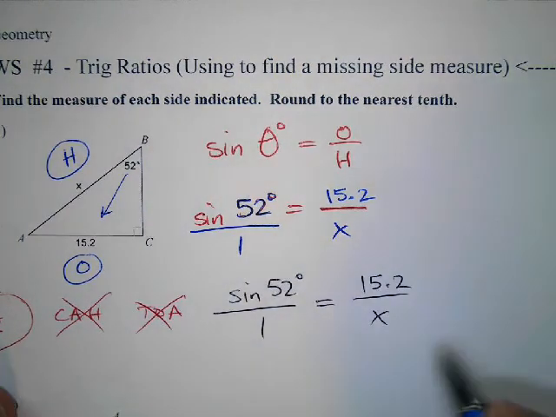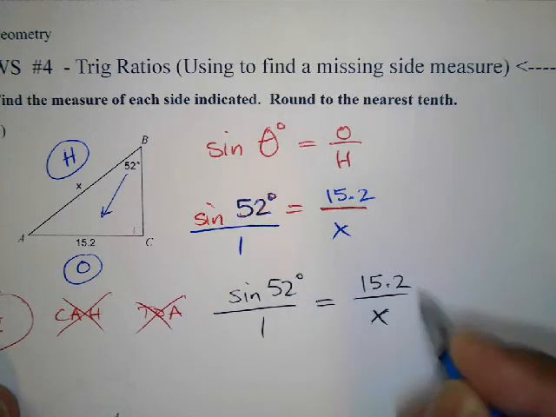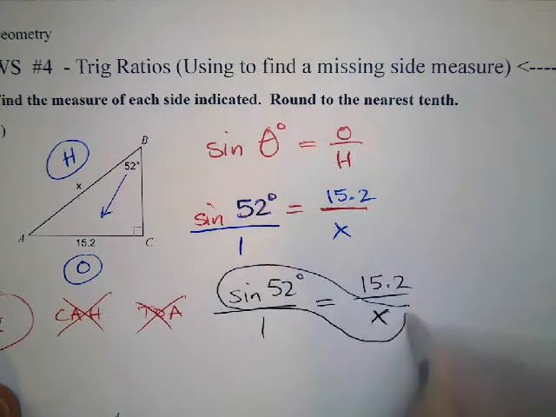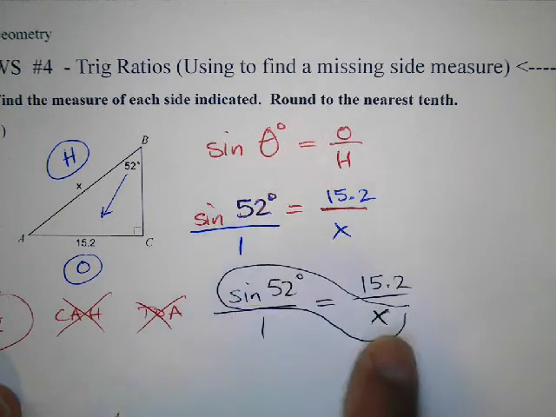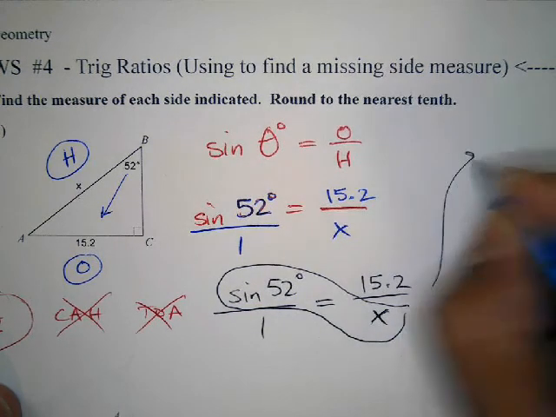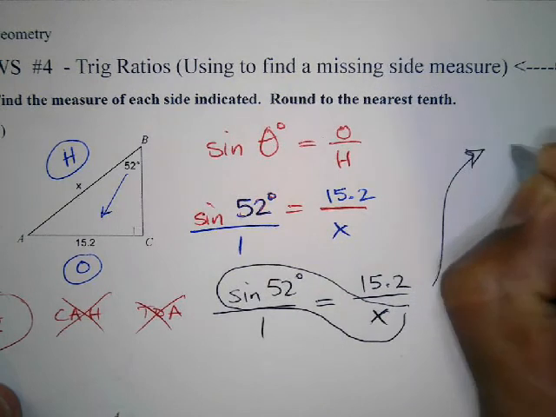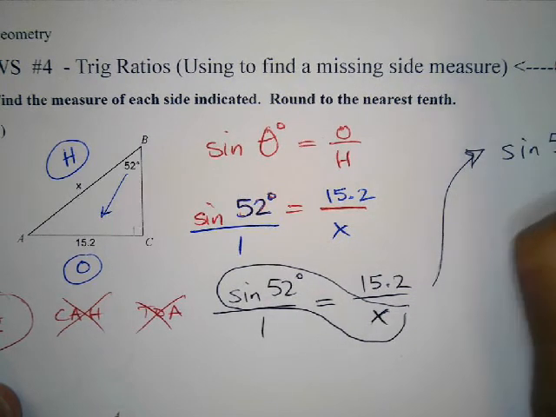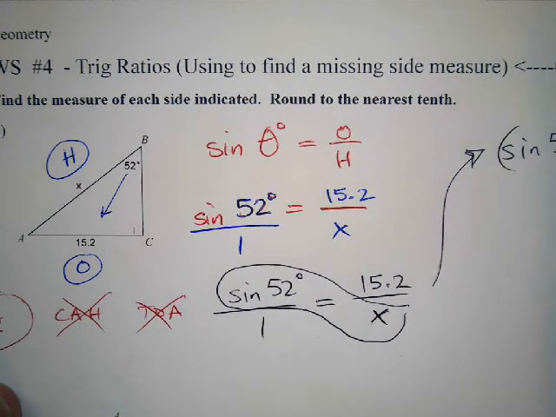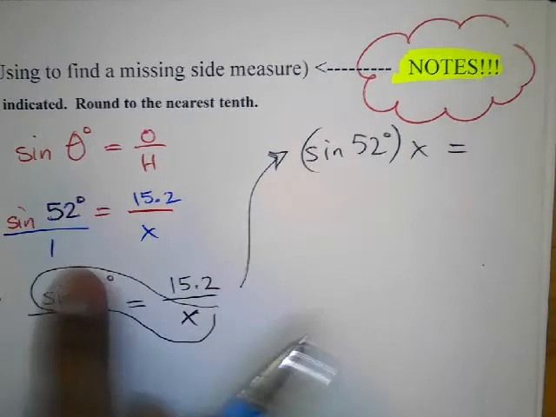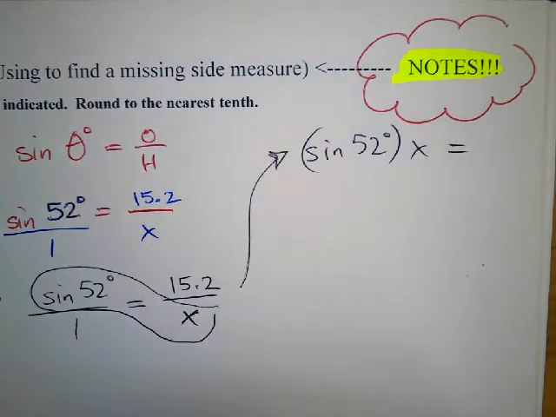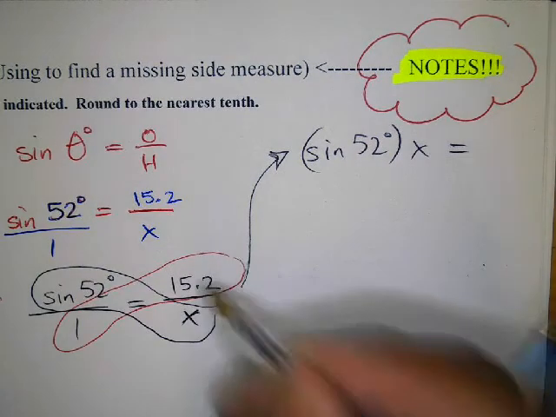Okay, so now when I cross multiply, let's say I start with the part with the variable. So you're gonna have this, and that is what? Sine of 52 is your number times X. So that's, go over here. Sine of 52 times X is equal to, multiply these two, equal to, now multiply these two.